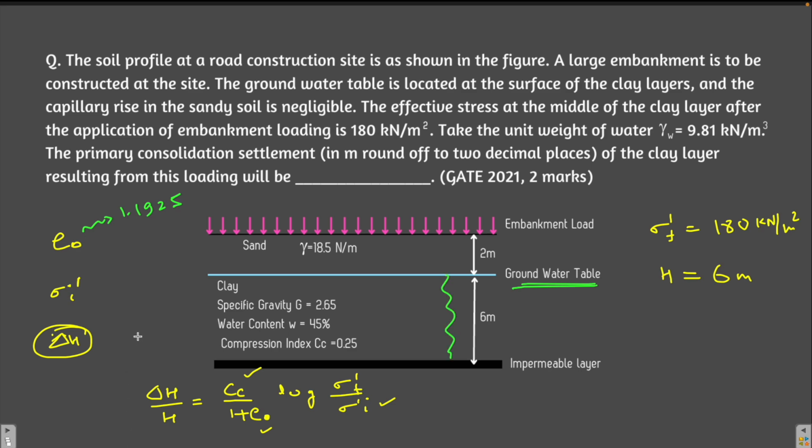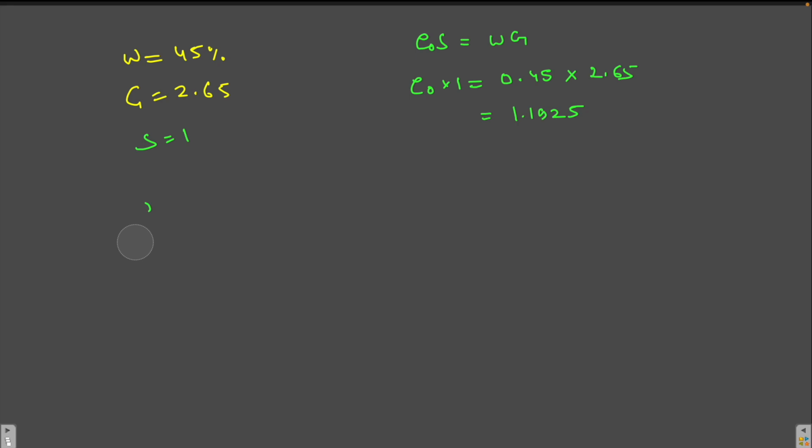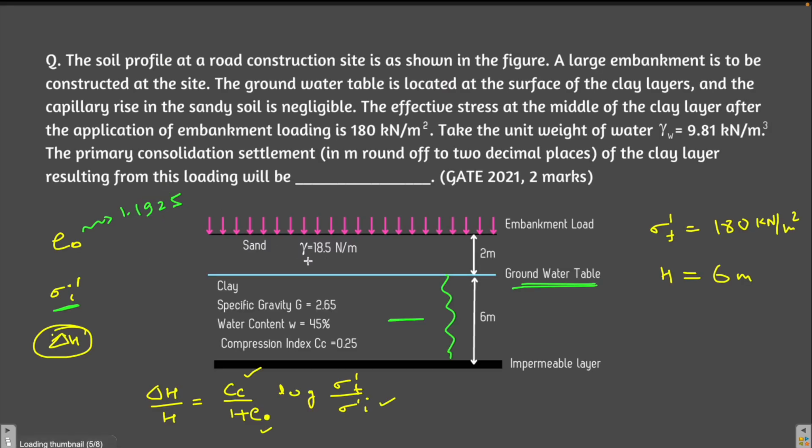Now next we have to find out what is the initial stress in the mid layer of the clay. Okay, here what is the initial stress? How do we have to find out? Sigma dash initial is nothing but gamma of the sand into 2 plus gamma submerged of the clay, because the clay is in submerged condition, gamma submerged of the clay into 3 meters, right?